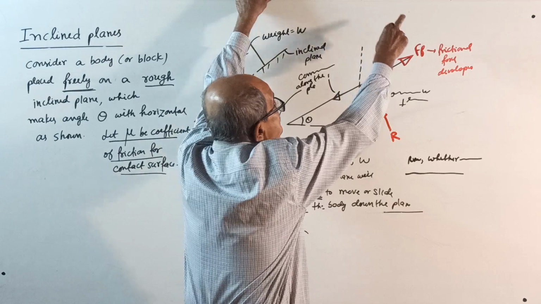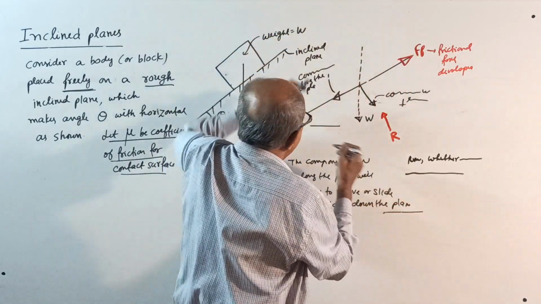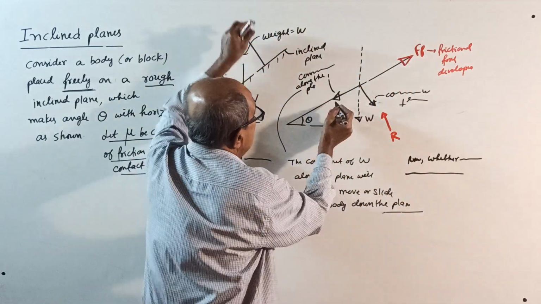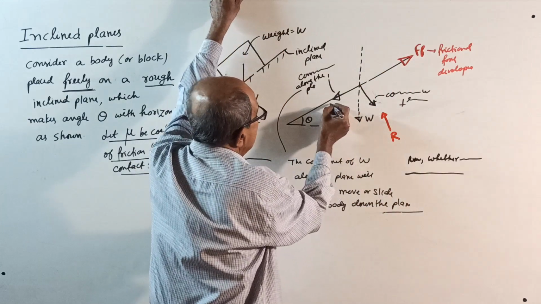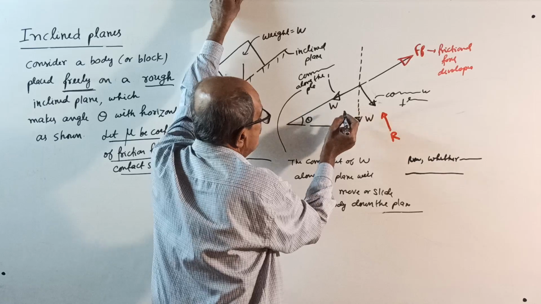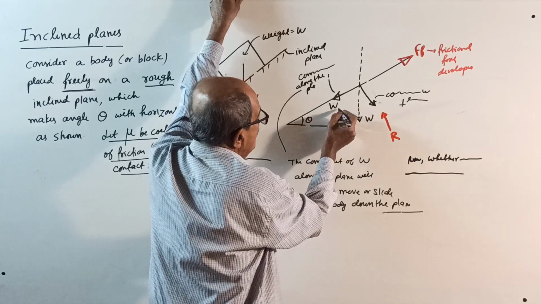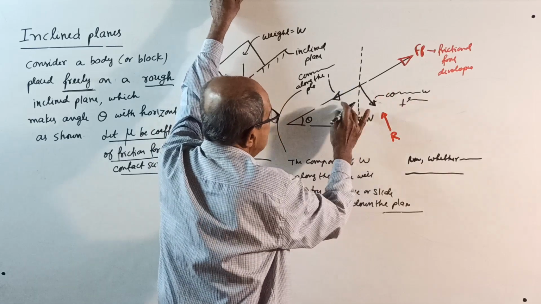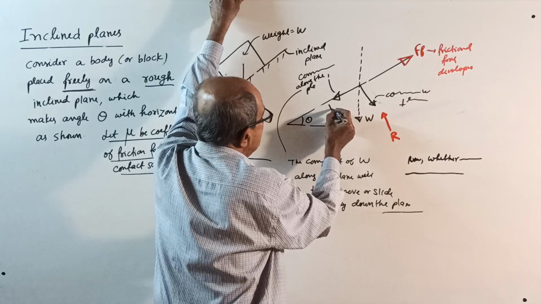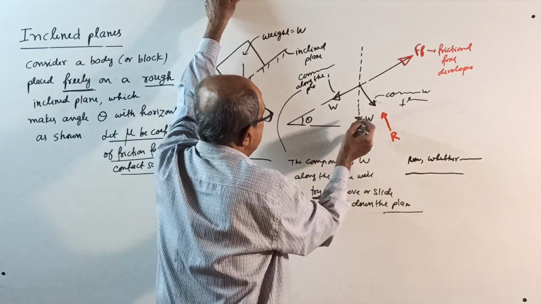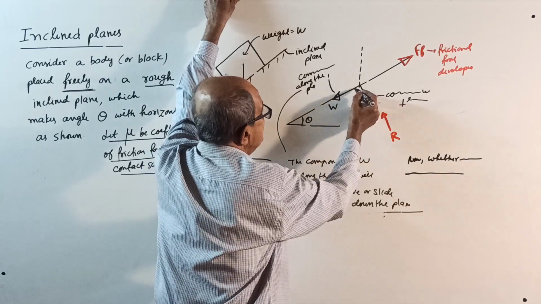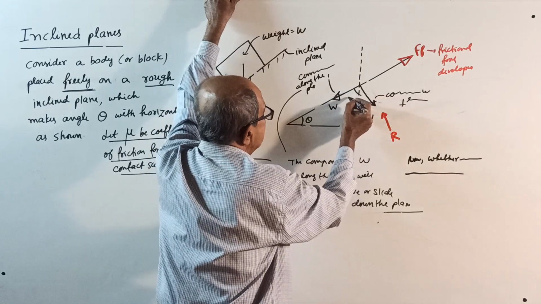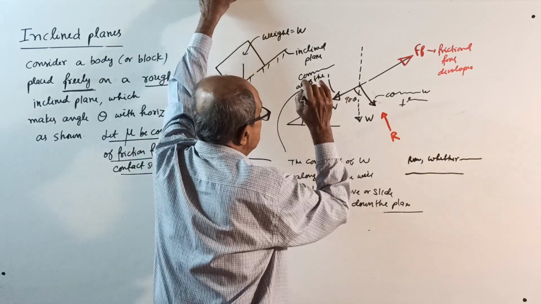See, if this component, I'll do one thing now, I'll give a name for W along the plane. If this is theta, this is 90 minus theta.